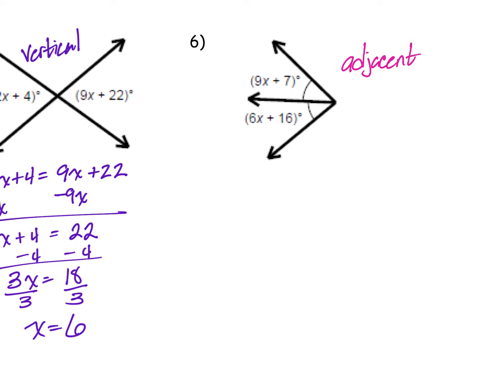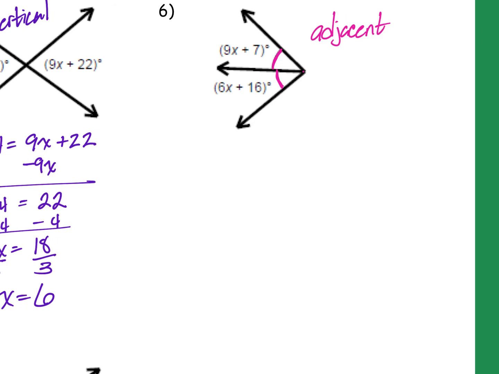So they share a vertex and they share one side, so they're adjacent to each other. And then what do we know about it? Because of this stroke right here and this one right here, that means they're congruent. Congruent means that they're equal in size. So I can write this as 9x plus 7 equals 6x plus 16.